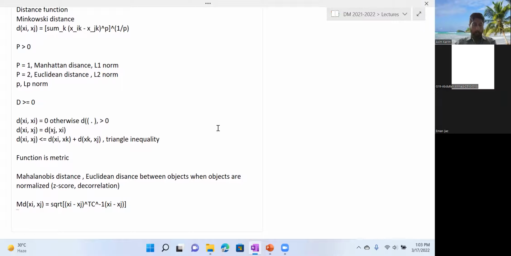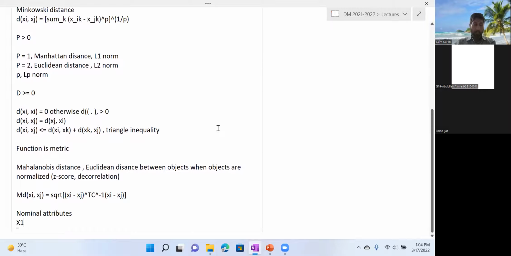Okay, so now let's talk about nominal attributes. Again, we are assuming that all attributes are nominal, meaning that you have x1. Let's say m is equal to 2. So we have xi1 and xi2. I'm talking about the feature, not the object.